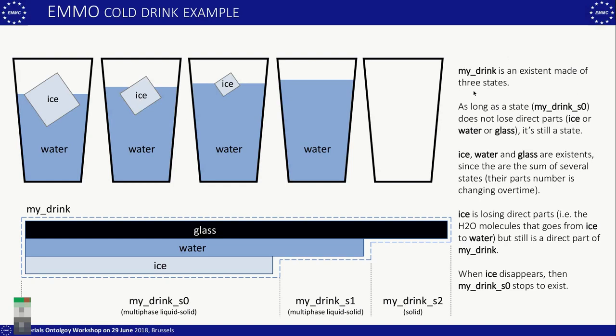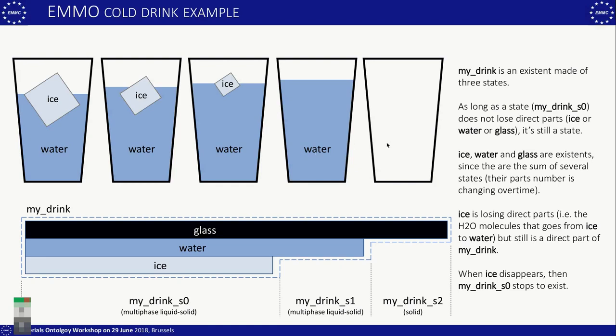So when we say that my drink is made of 3 states, we are chopping the drink in time. We are slicing in time. So 3 states, it means 3 ways in time. The first way is when you have water and ice and glass. The second is when you have water and glass.